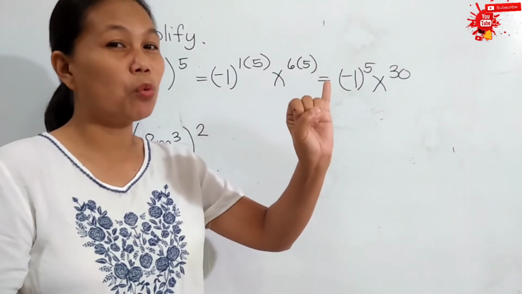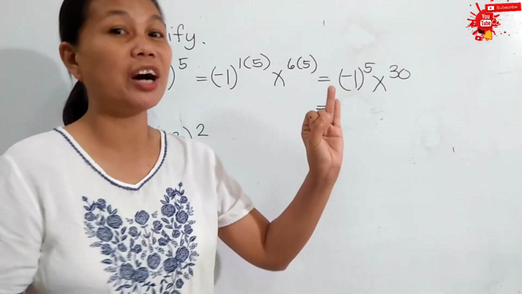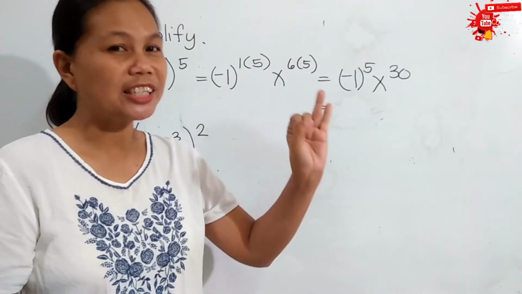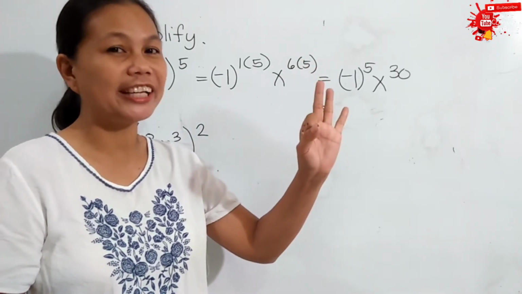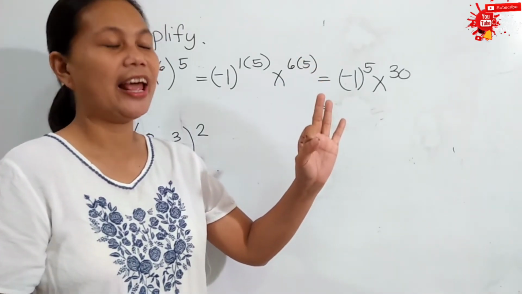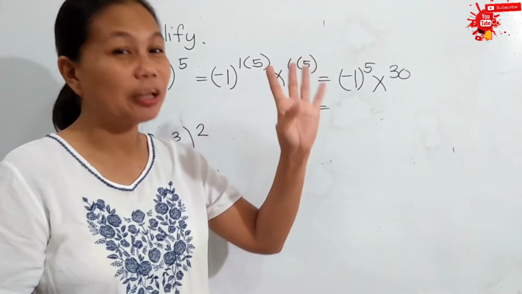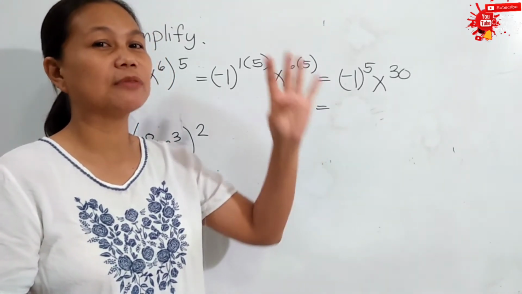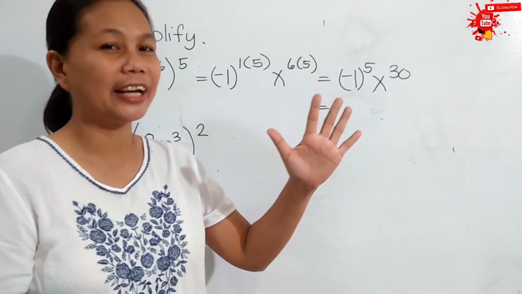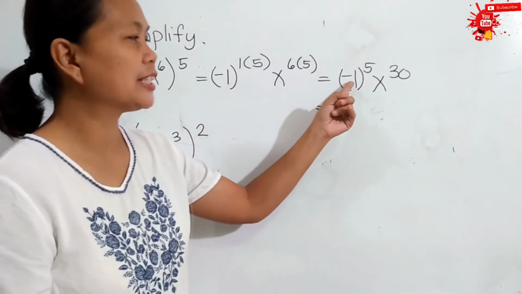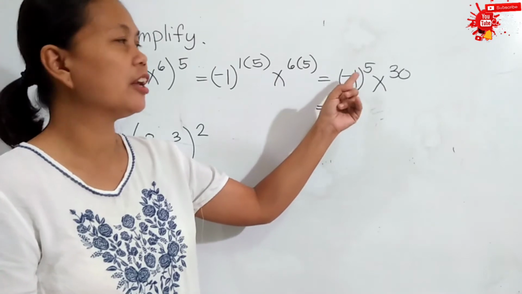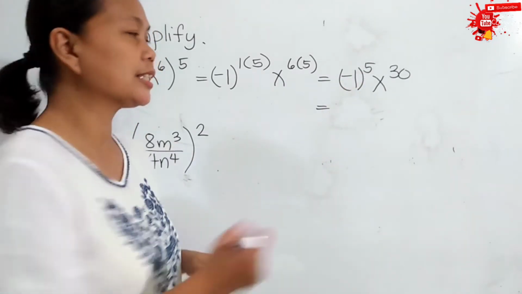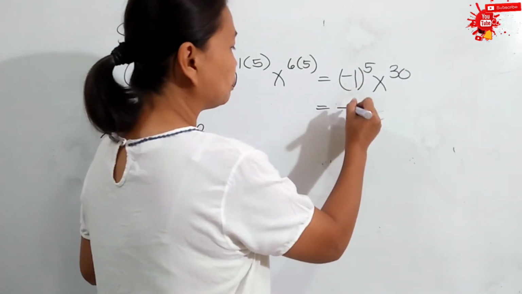Negative 1 times negative 1 is positive 1. Then positive 1 times negative 1 is negative 1. And negative 1 times negative 1 is positive 1. And positive 1 times negative 1 is negative 1. So therefore, the simplified form of negative 1 raised to 5 is negative 1.